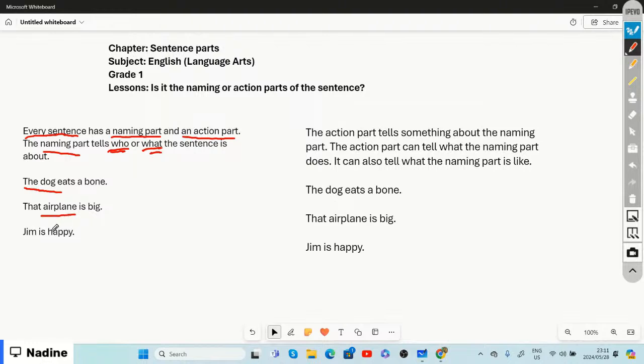And the next sentence is, Jim is happy, right? We need to ask ourselves who or what the sentence is about, and then we can say it's Jim.